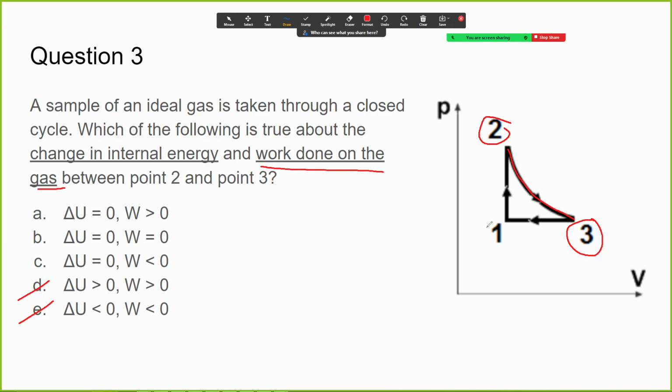The area underneath this curve is positive, but if we're talking about the work that is done on the gas, the work is going to be negative. Another way of looking at this: the work that the gas does is positive, so that means that the work that is done on the gas is negative.